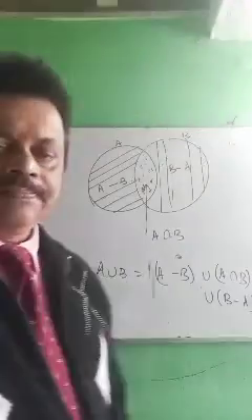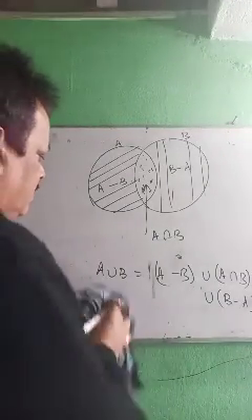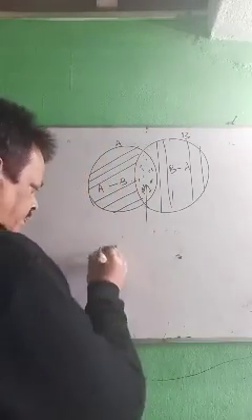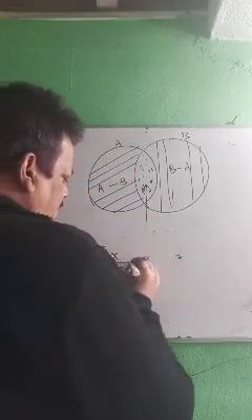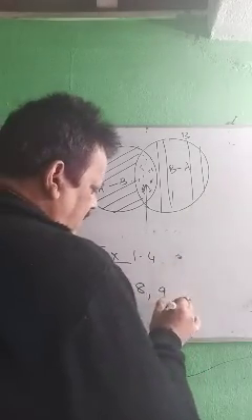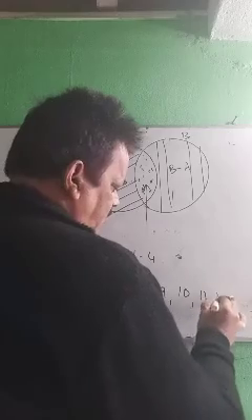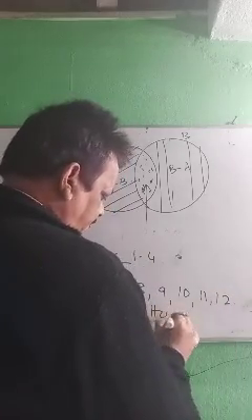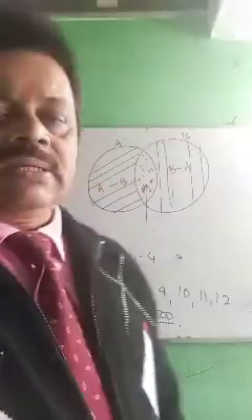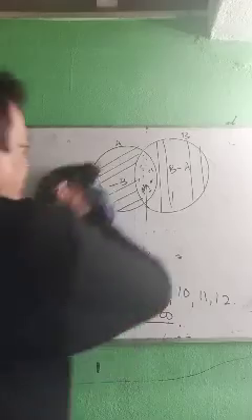Exercise 1.4, question number 8, 9, 10, 11, 12 is homework for you. Okay, then we will go on to find out what is called universal set and complement set.